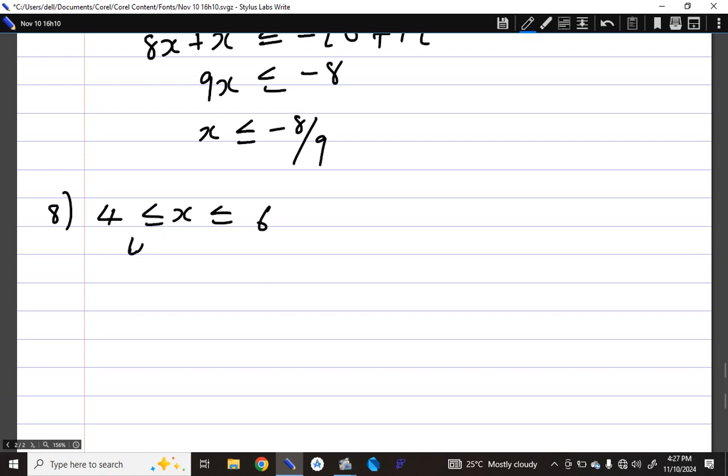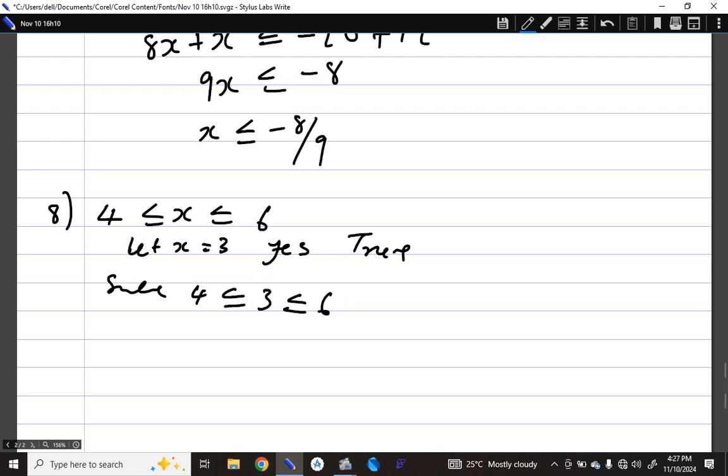Let x be 3, which is less than 4. Is 3 also less than 6? Yes. So my answer is true, since 4 is less than or equal to 3, which is less than or equal to 6.